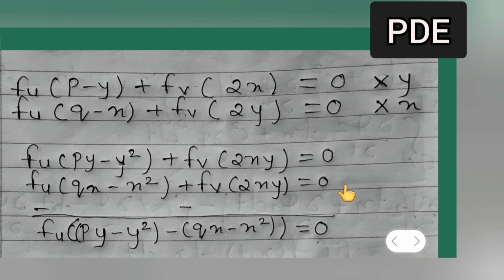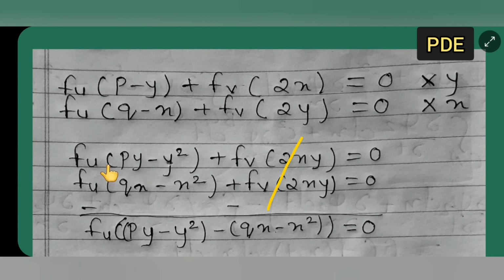So this term will get cancelled. What will remain is this minus this. So what you all are going to get, f_u, write it as it is common: (py minus y square) minus (qx minus x square) is equal to 0.